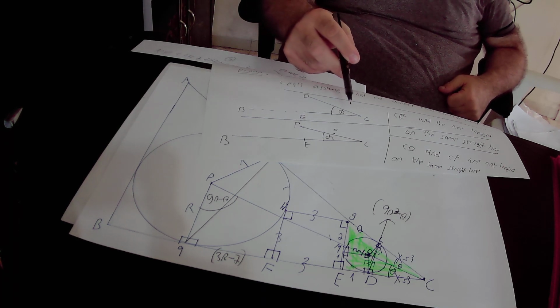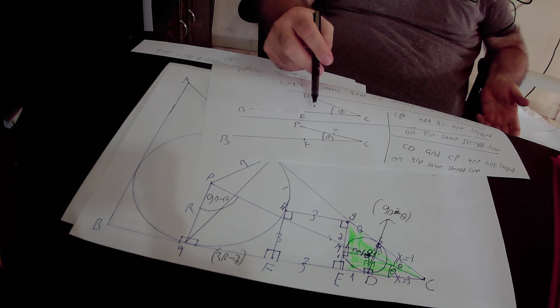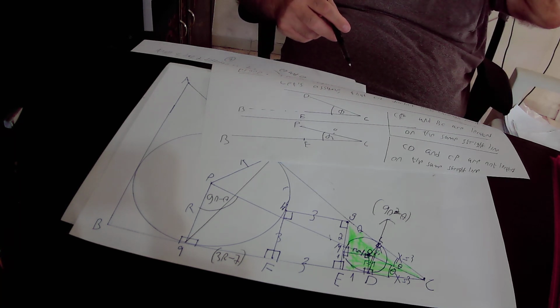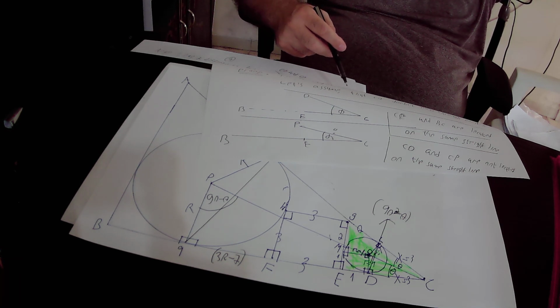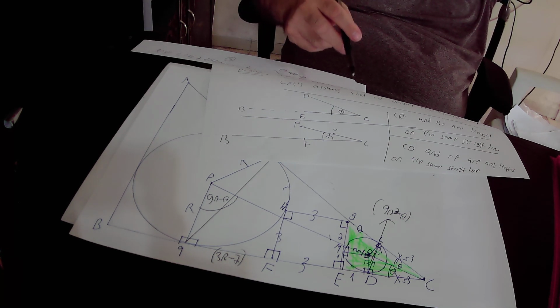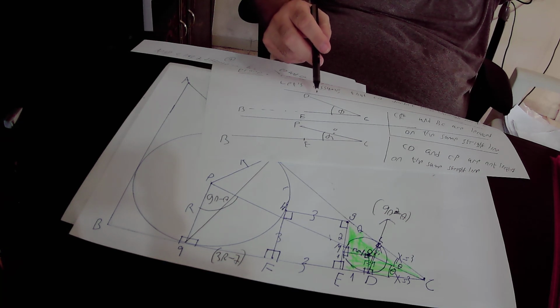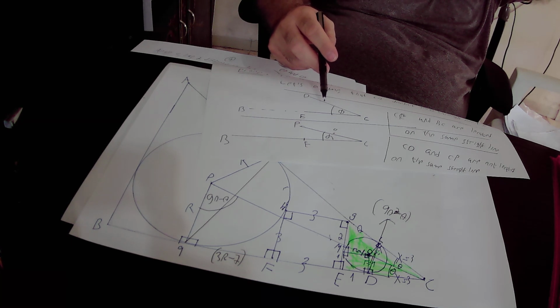Therefore, CO and CP are not located on the same straight line because of the fact that CO doesn't pass through point P. So we have one leg that is a common leg, and the second leg of the two angles is a different leg.